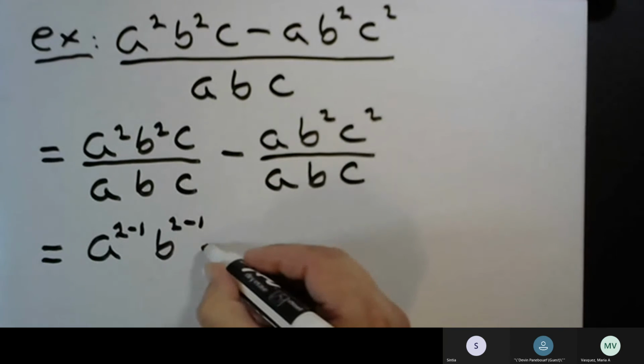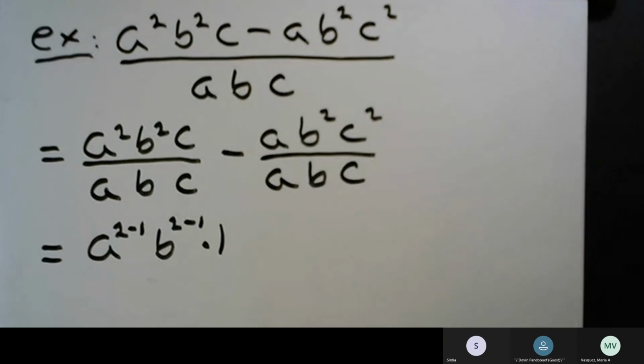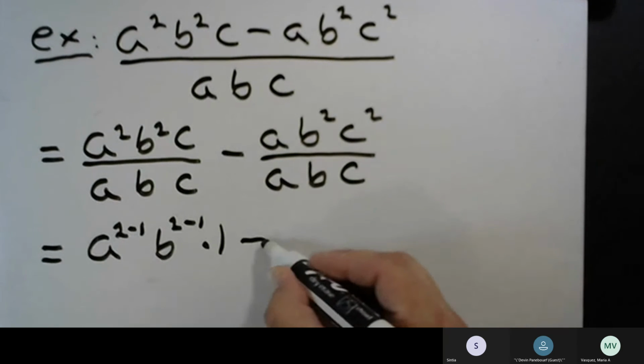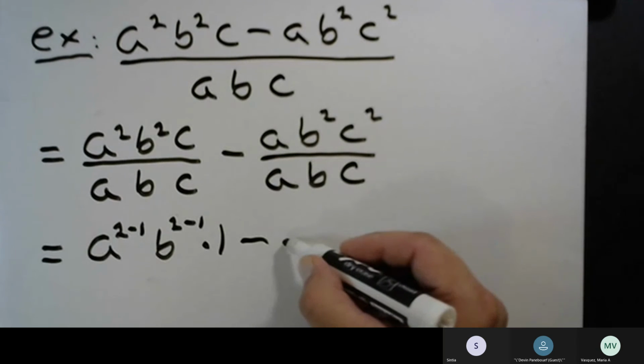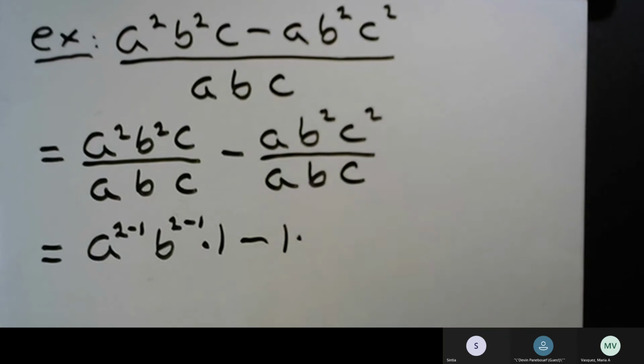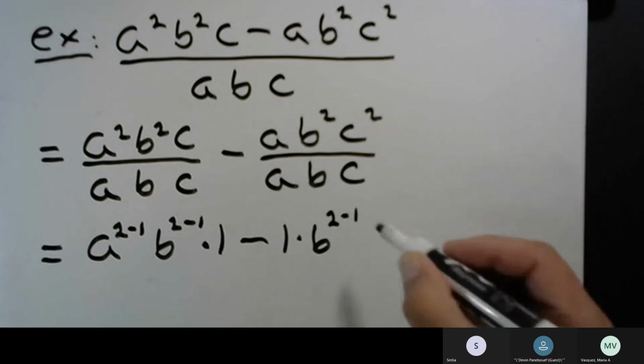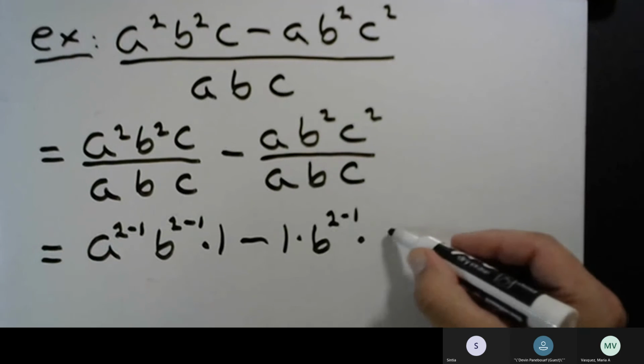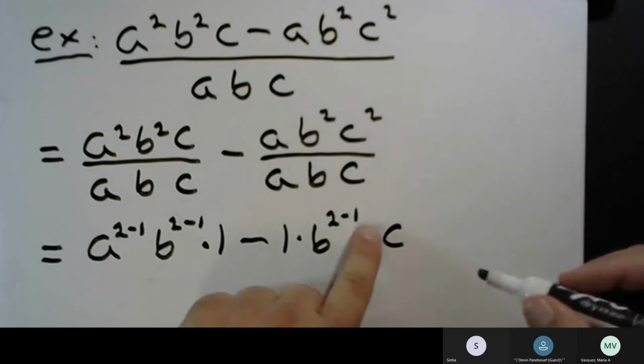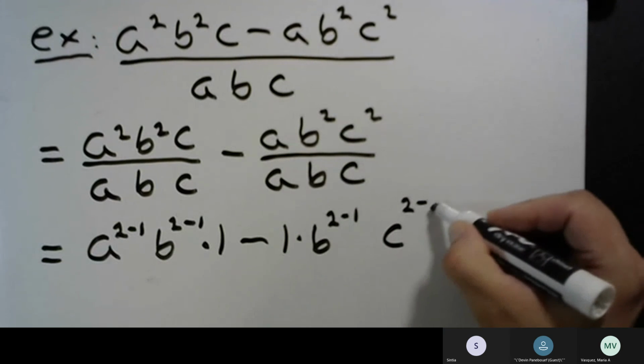The c's are going to cancel, so just times 1. And then a's will cancel in this case. We get a 1. We have b to the 2 minus 1. And then c to the 2 minus 1.